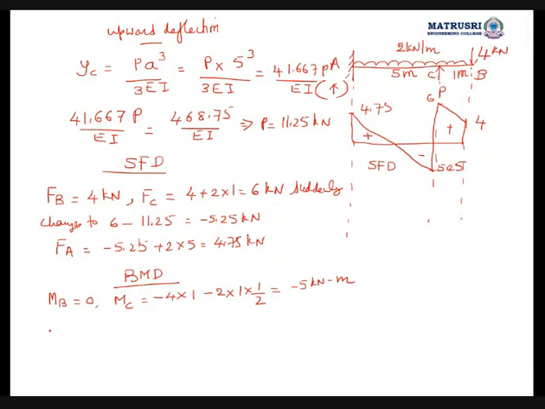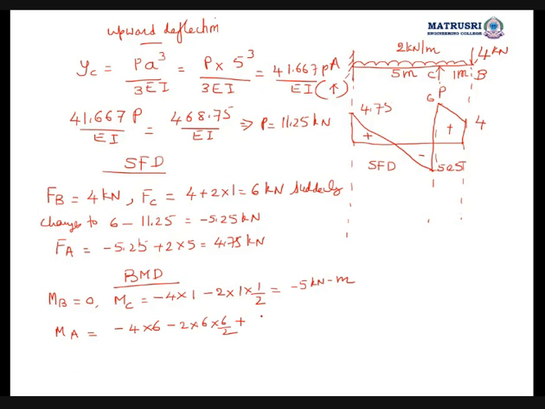Then I'll go to moment about A. What is moment about A? Minus 4 into 6 first. Then minus 2 into 6 into 6 by 2. Then due to P is there, no? P into 5. How is it coming? Anticlockwise. Anticlockwise is positive from that side.